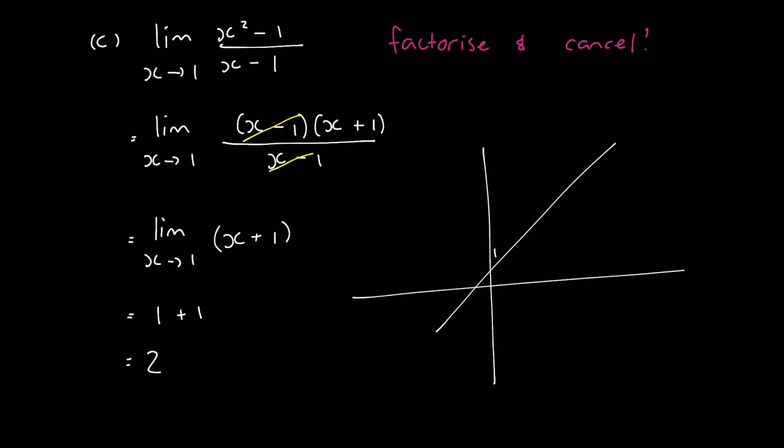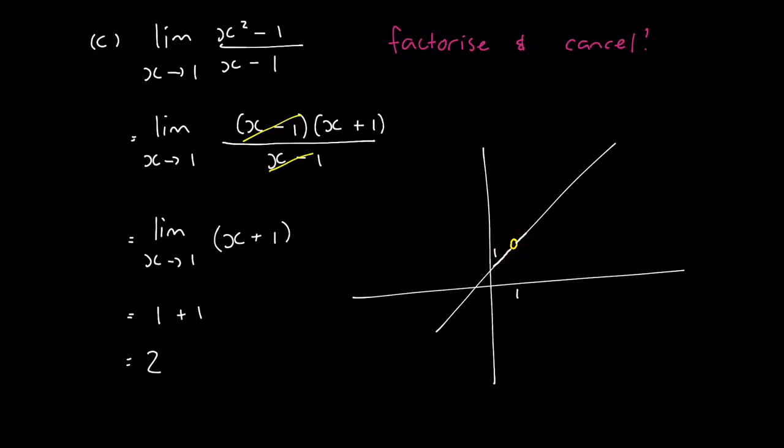So at x equals 1, I'm going to put 1 here on the x-axis. We know then that this graph actually doesn't exist there. So we're going to erase this part of the graph. And at the point where x equals 1, we actually have an open dot, meaning the graph doesn't exist at that particular point.